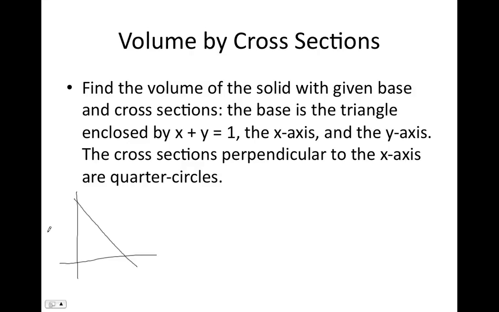And then the cross sections, which are perpendicular to the x-axis, are quarter circles, which means every cross section perpendicular to the x-axis forms a quarter circle. Now, I'm terrible at drawing these, but you can kind of get the idea of what kind of region we're talking about.